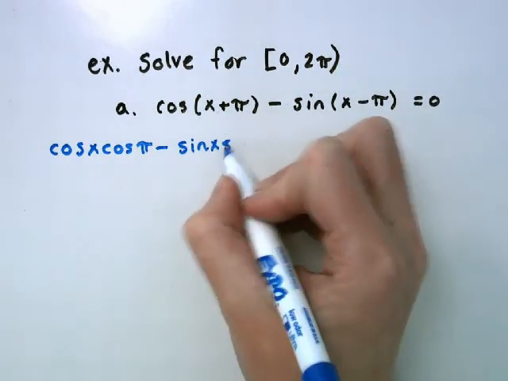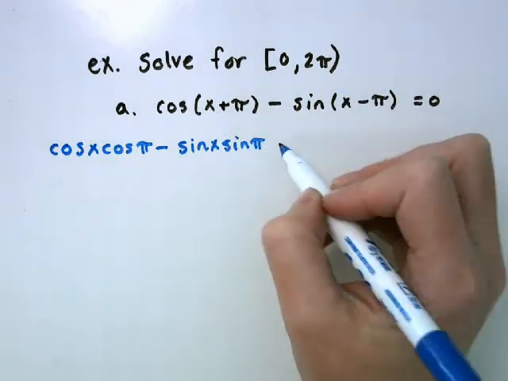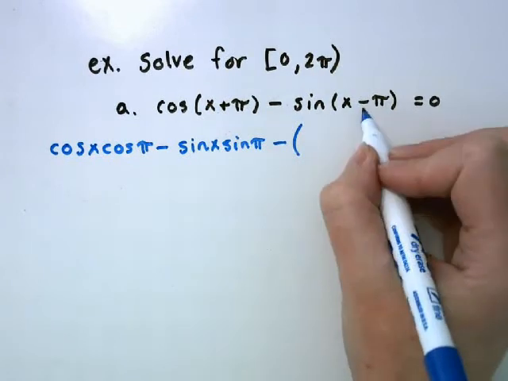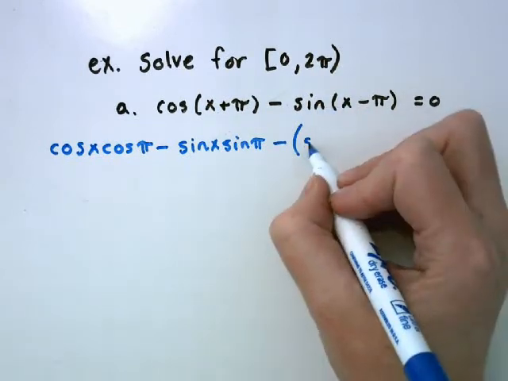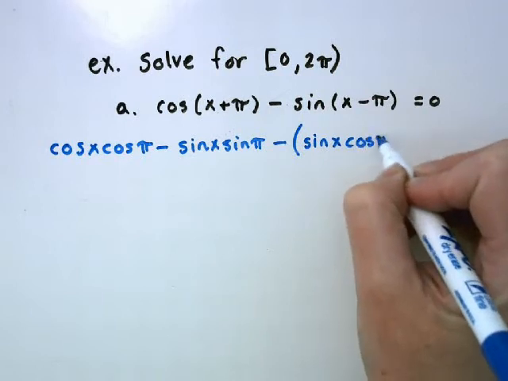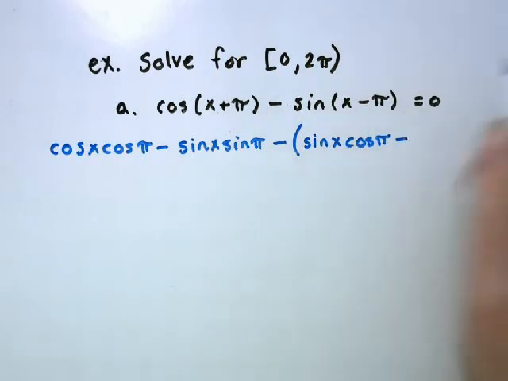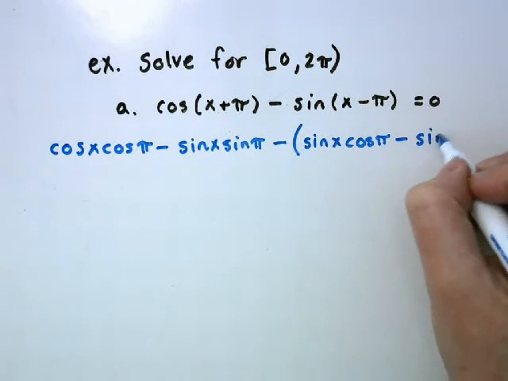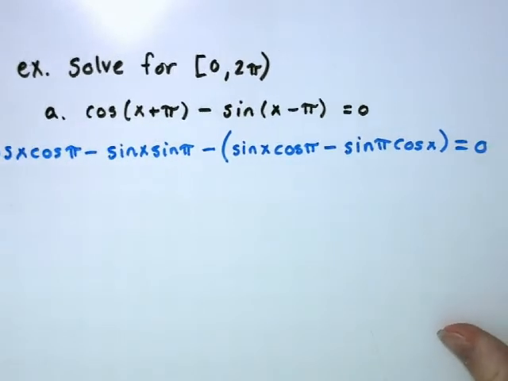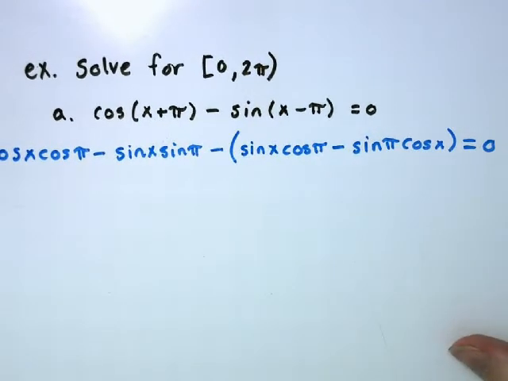Sine x, sine pi. Minus, and I'm going to put this whole thing in parentheses, we're going to use the difference identity for sine. So sine x cosine pi, if this is a minus, this is a minus. Sine pi cosine x. Okay, and that all equals 0.